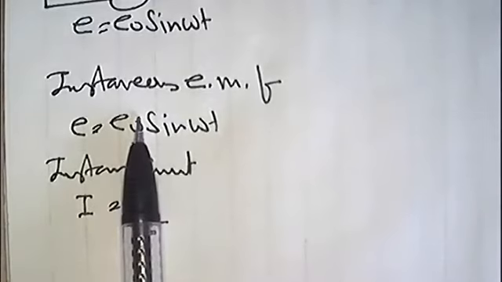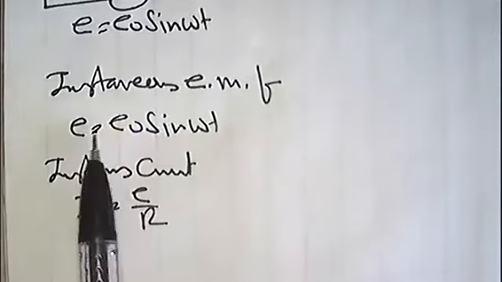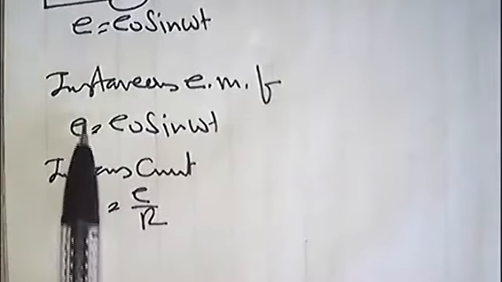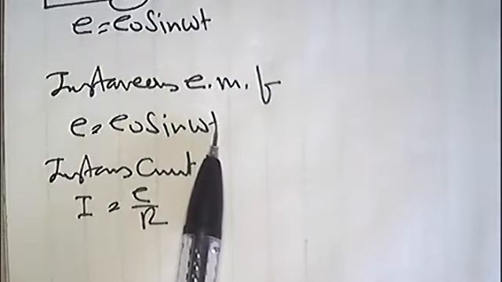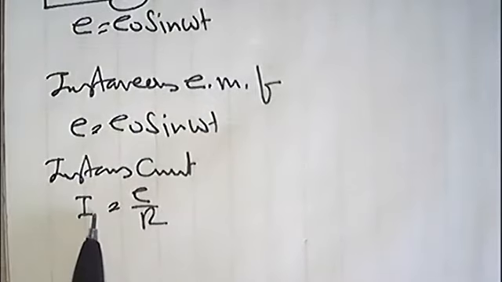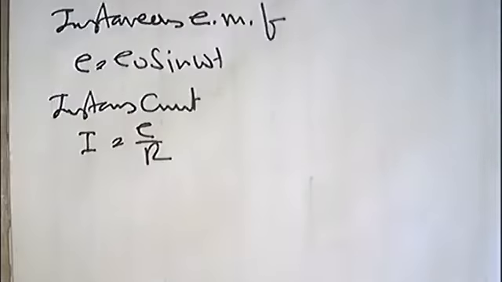So this E represents voltage or EMF at time t. At time t, the instantaneous current will be E by R.